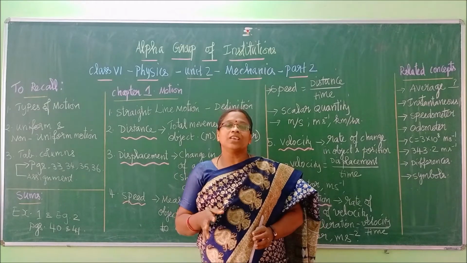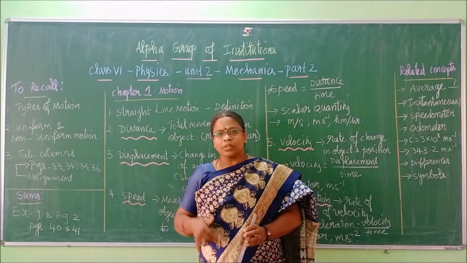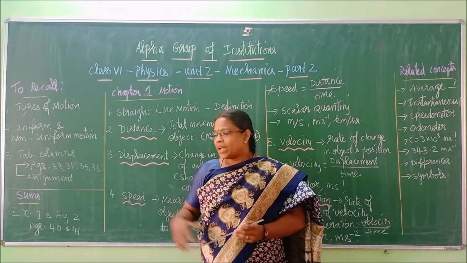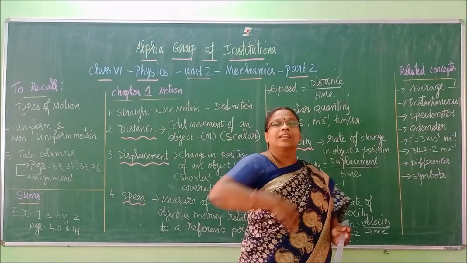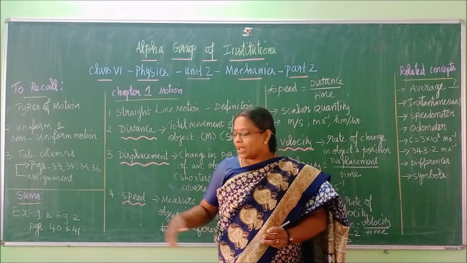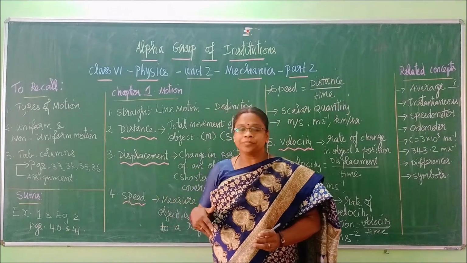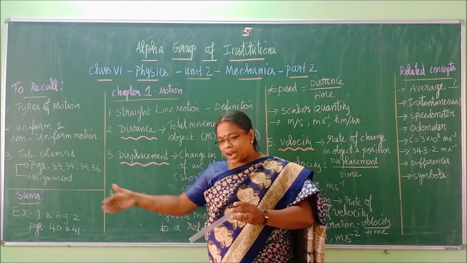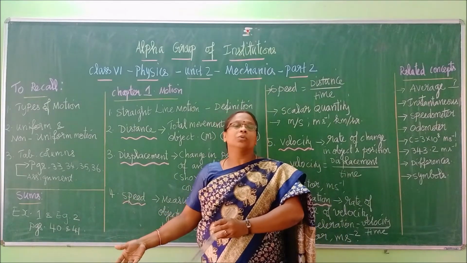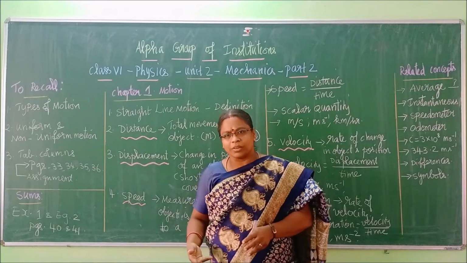There are other ways also to reach from the starting point to the end point. I can take a roundabout way and come here. I can have a crisscross path, and I can even start and take a rest for 2 or 3 seconds and then come here.